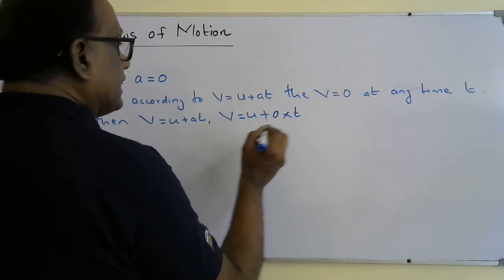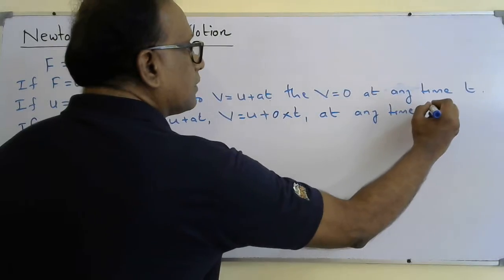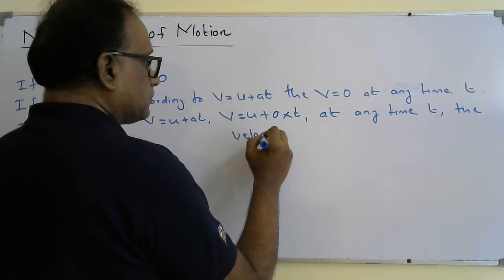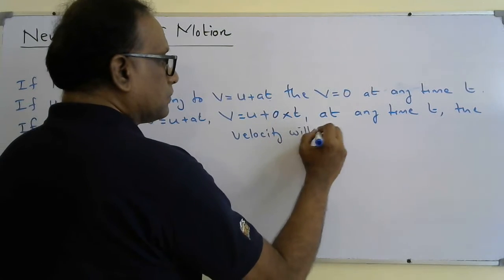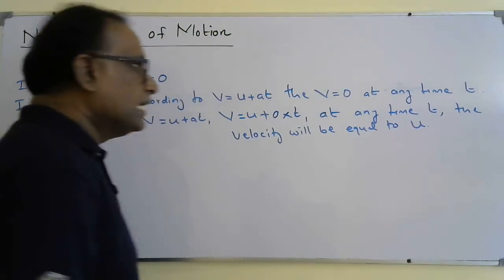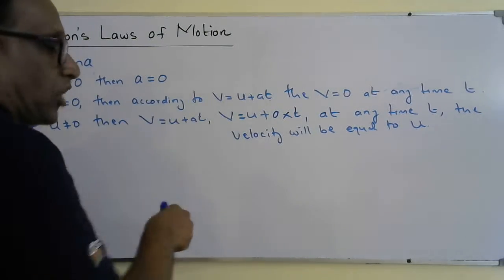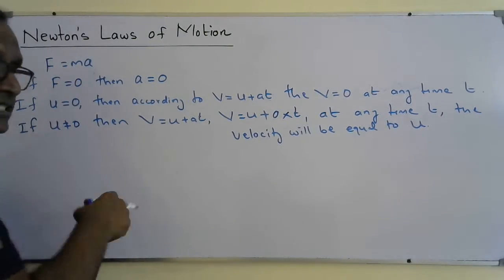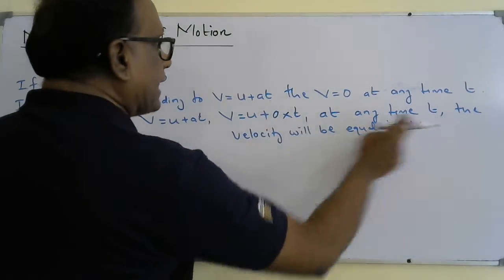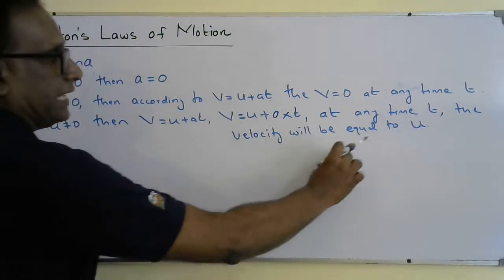So at any time t, the velocity will be equal to u. That means if the resultant force equals 0, acceleration is 0, and if the object is already in motion, so u is a non-zero value, then at any time t the velocity will remain the same. Substituting a equals 0, v equals u, at any time t.